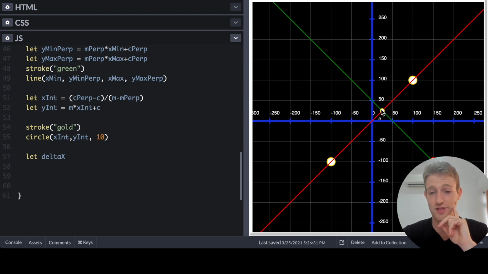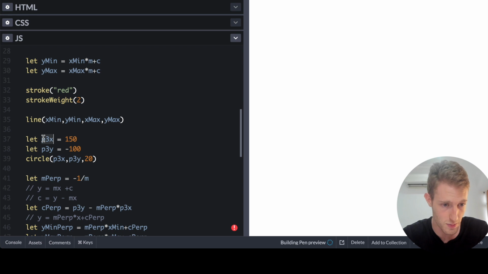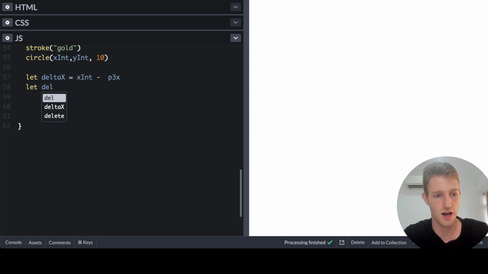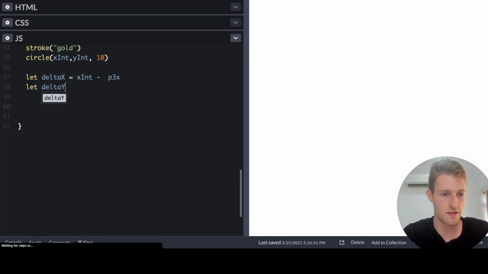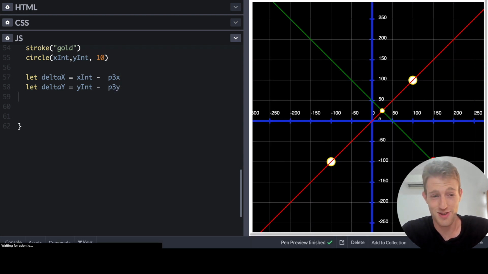The delta x is just the x distance from our intersection point to this point that we defined. So we can say that that is x int minus the point that we defined, which is p3x and p3y, minus p3x. And then we could say the same, let delta y be equal to y int minus p3y. Okay. And now, this is the beauty.